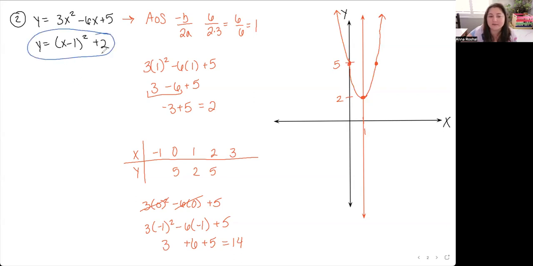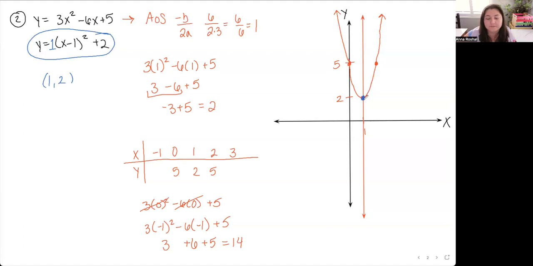Okay, and then we're going to go ahead and do this, right? So now this is already in vertex form for us, so we don't have to do all of this math to figure out vertex form. And because we know that our a is 1, it's going to be kind of like a rise over run. Our slope is going to be pretty basic throughout. So my vertex in this case is going to be 1, positive 2, which, oh my goodness, look at that.